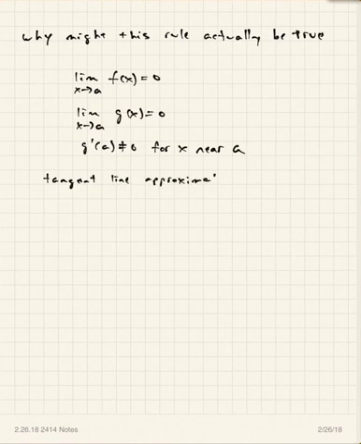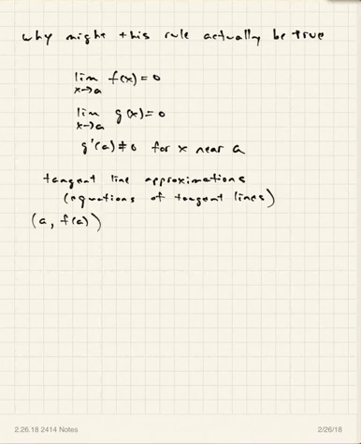Now, tangent line approximations sounds like a fancy term, but remember, the tangent line approximations are simply the equations of the tangent lines. All right, and so the tangent line approximations for f near the point a, f of a, and you're also talking about the point a, g of a.